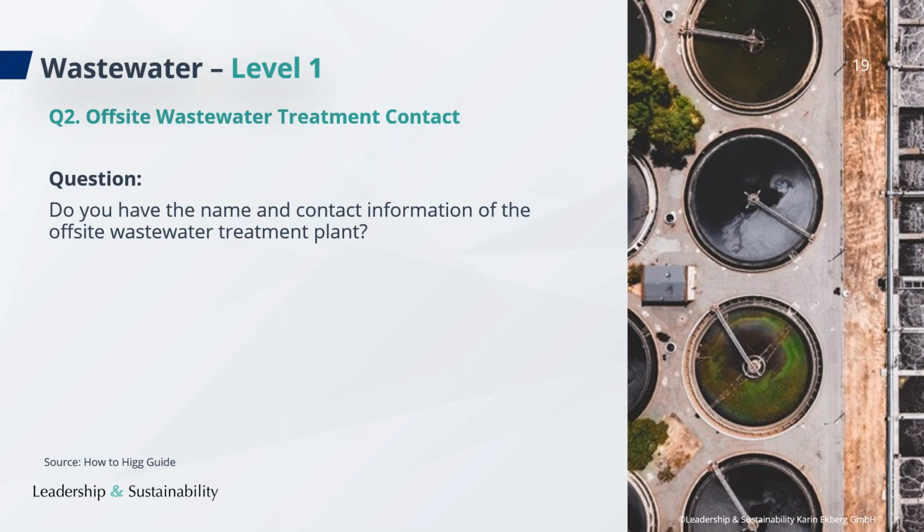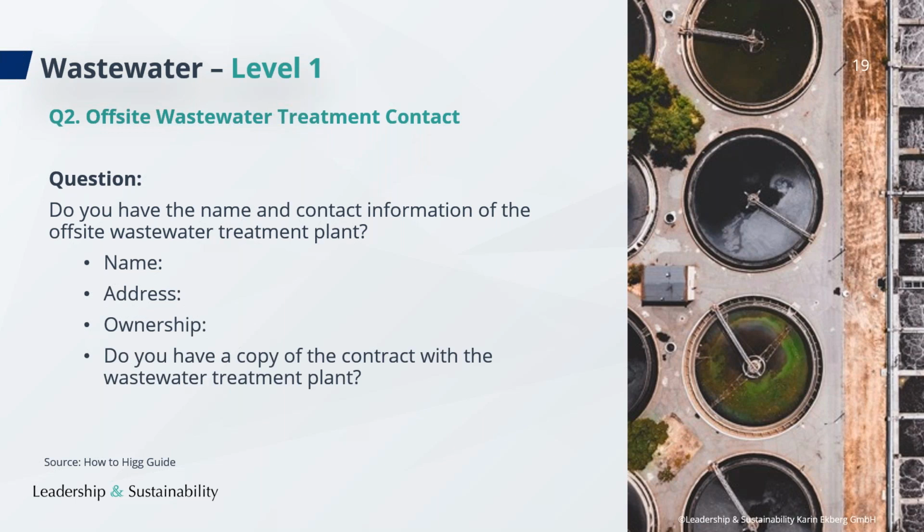So this means that sometimes you might need to be in contact with the municipal wastewater treatment plant and ask them for their name and contact information, but actually, and this is a later question, ask them for their wastewater treatment records as well. So that is the reason why this question has been included here. So name, address, ownership, and also if you have a copy of the contract with the wastewater treatment plant.